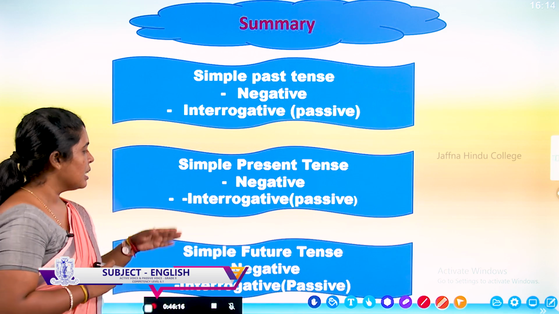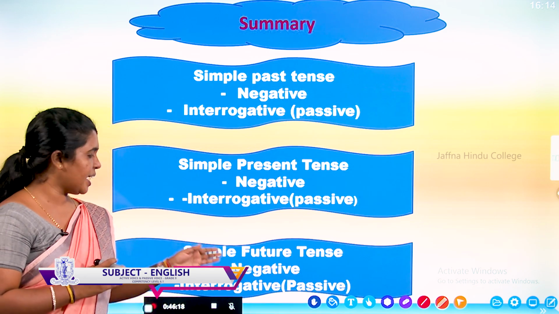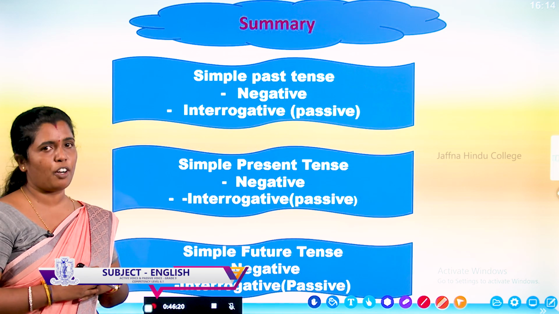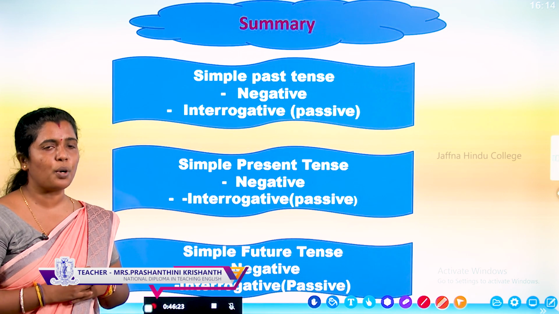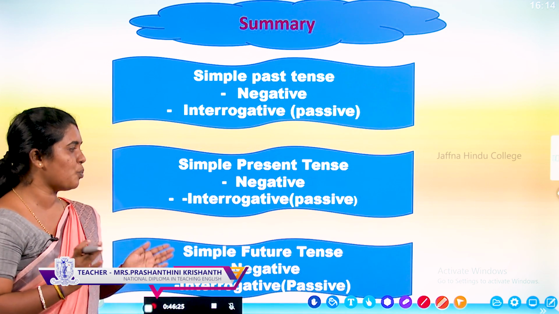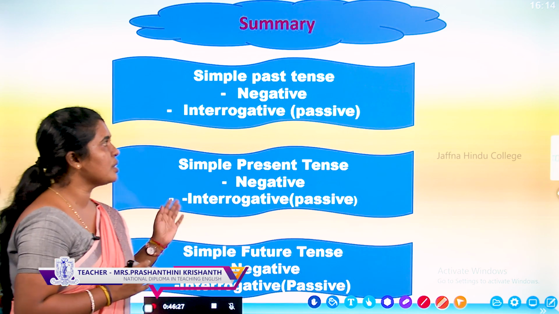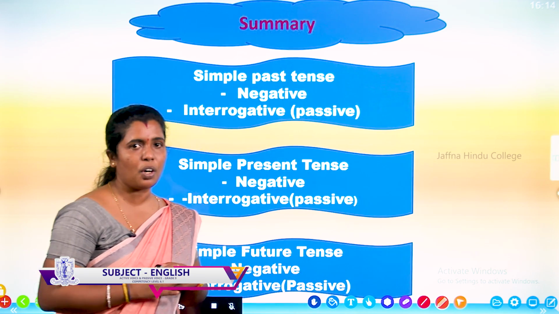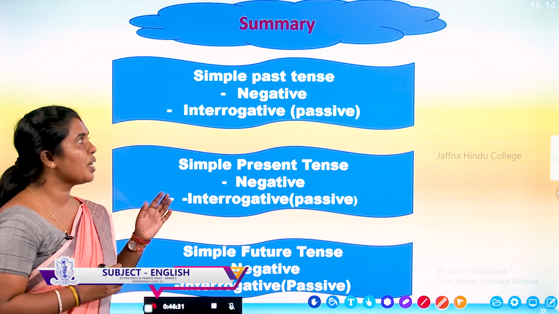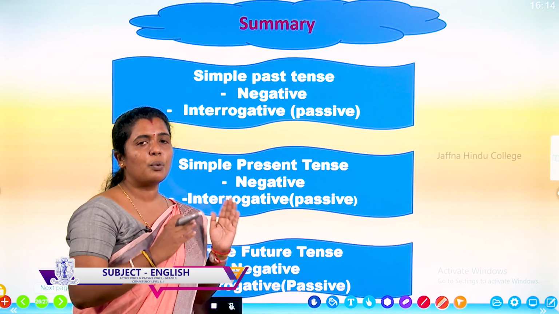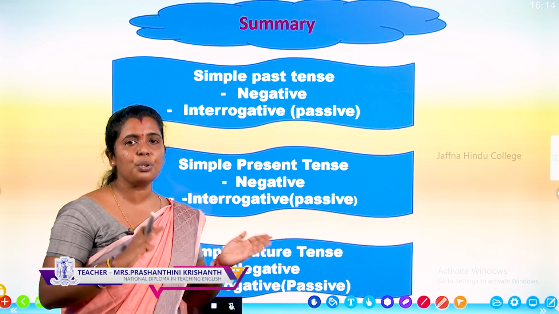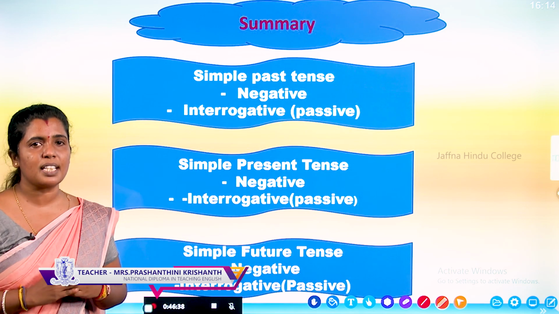Finally, we learned simple future tense, negative and interrogative form of active voice and passive voice sentences, right? So this is one of the questions for your O-level examination. So you have to be very careful while changing the sentences into active voice or passive voice.